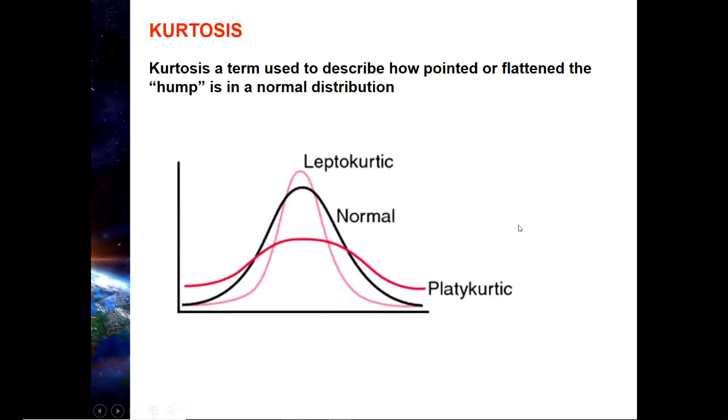All right, another piece of jargon we can look at is called kurtosis. Kurtosis to me sounds like some sort of disease, like, oh no, you have kurtosis. All right, but it's another good Scrabble word.